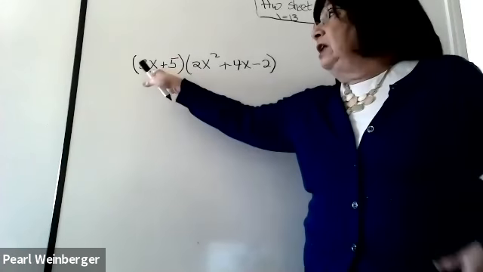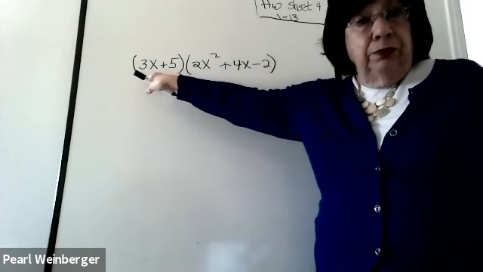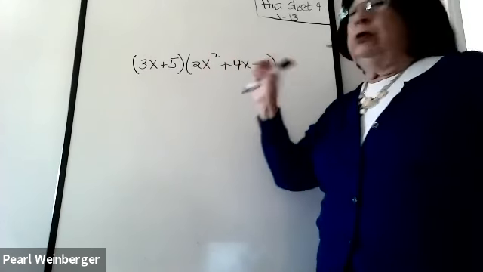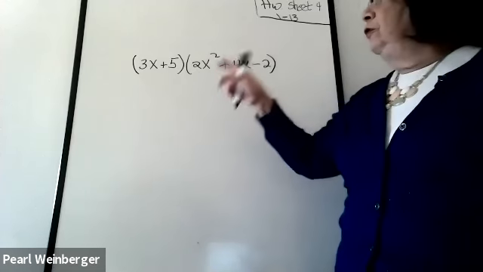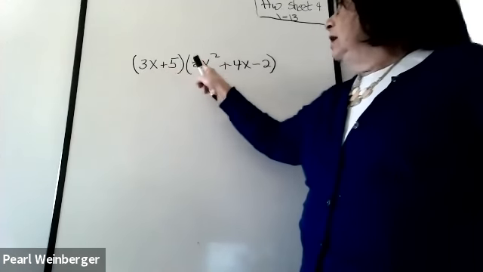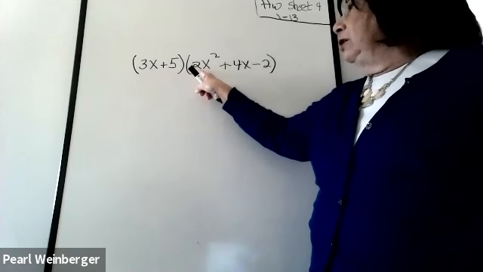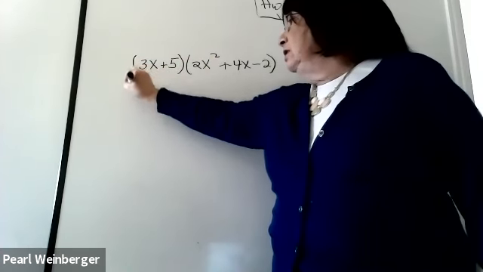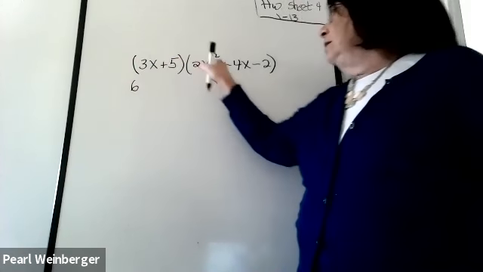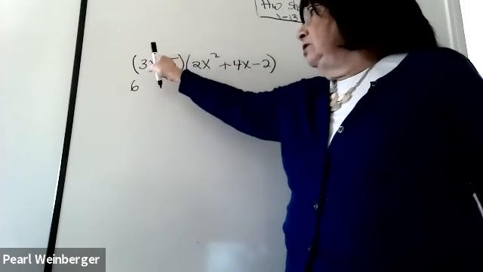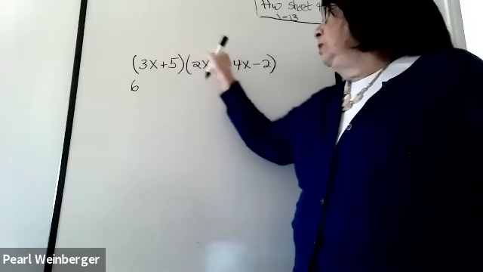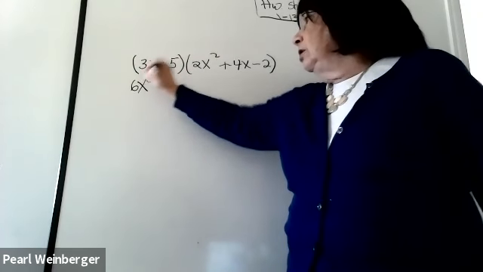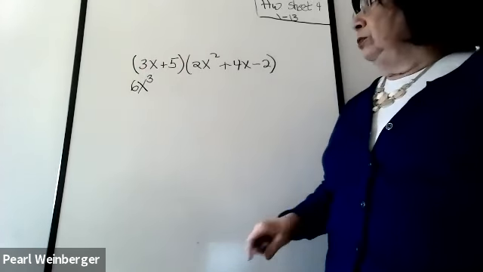We're going to take each term in our first parentheses and distribute it to each of the terms in the second. So first I'll take the 3x and multiply it by the 2x squared. 3 times 2, those are my coefficients, is 6. X times x squared. Remember, this is understood to have an exponent of 1. 1 plus 2 is 3. So it's 6x to the third, or 6x cubed.